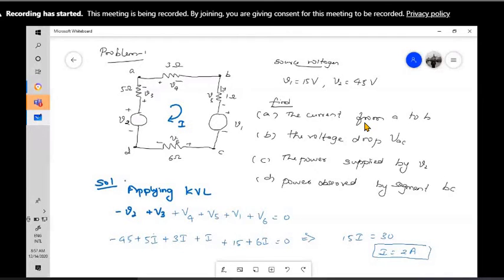We must actually sum up the power that is absorbed by V5, this 1 ohm resistance, and this voltage source, that is V1. In the first case, the power absorbed by this particular element will be nothing but V5 into I. Similarly, here it will be V1 into I. So, summing up these two, we will get the power that is absorbed by this branch of the circuit, that is VBC.